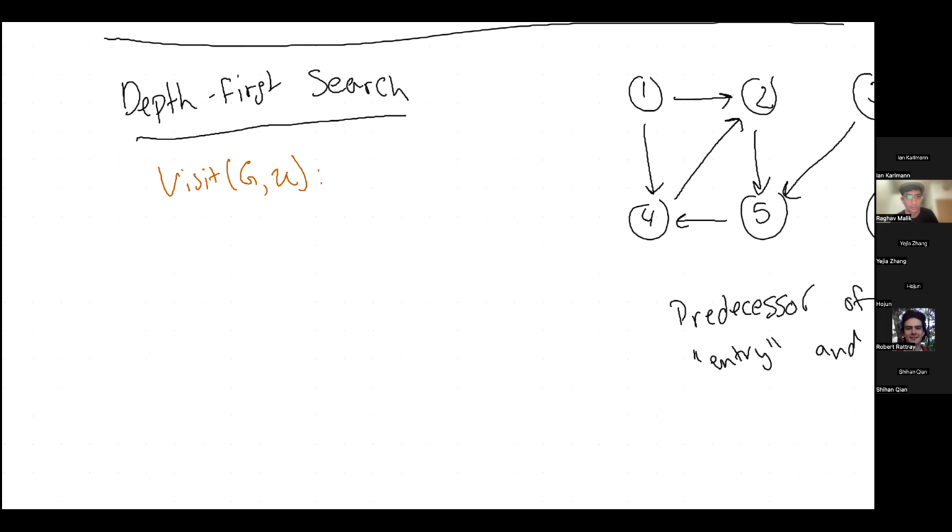Maybe I should do this in the other order. Okay. We start by setting the predecessor of every vertex to null, and every vertex is unvisited, right?